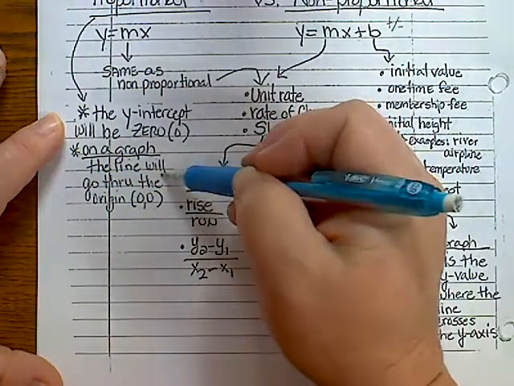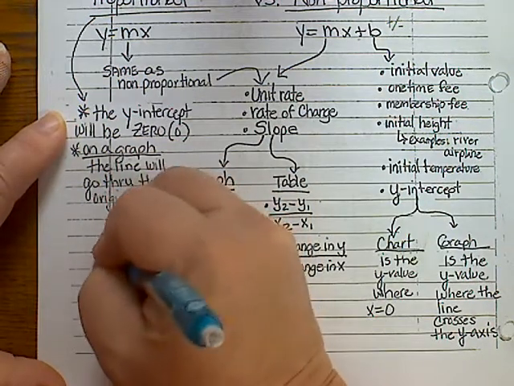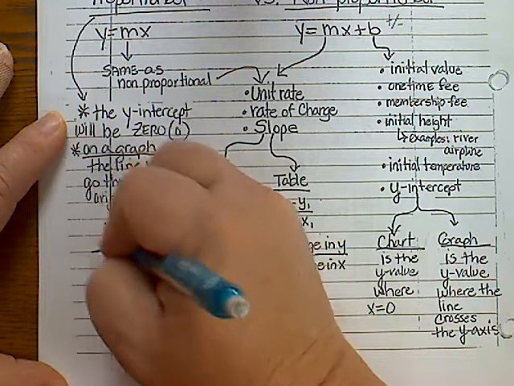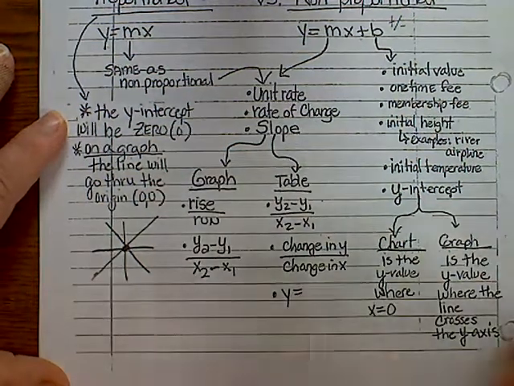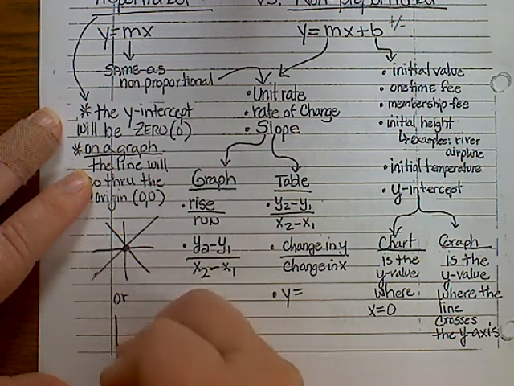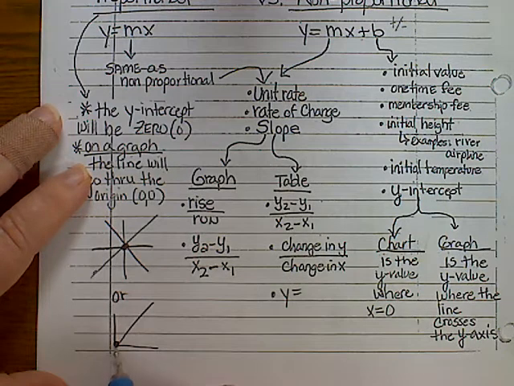On a graph, the line will go through the origin. On a 4-quadrant graph, that origin is right in the center, and it can go this way or this way, but it's always going to go through the origin. On a 1-quadrant graph, it's always going to include that point in the corner, okay? If you have to count slope and it is hitting the corner, always use it. It just makes it so much simpler.